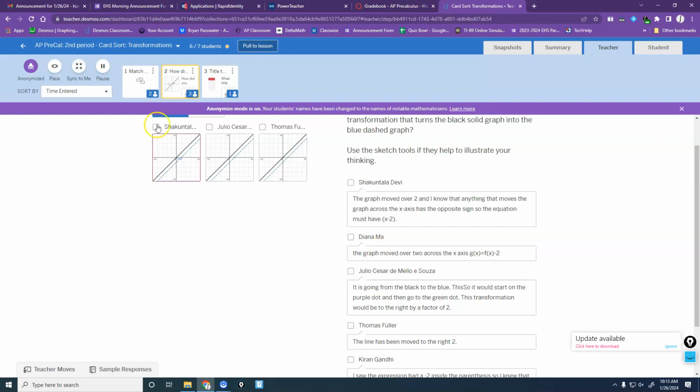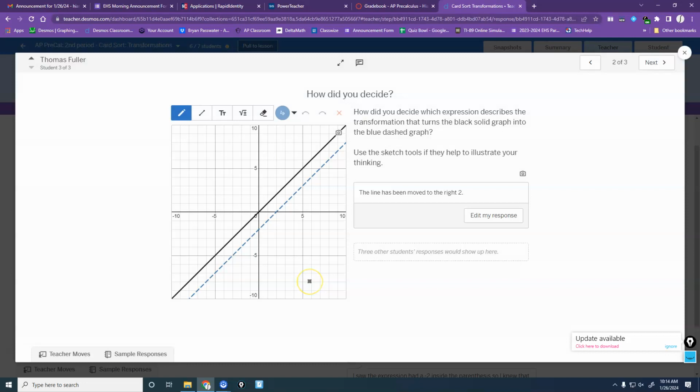Does that work on this? If I look at that graph closer, it could have been moved to the right too. That is definitely a possibility. What about if it moved down 2? Does that work also for this? You really can't tell the difference between these. It could be either one. It could be moved to the right 2, or it could be moved down 2.